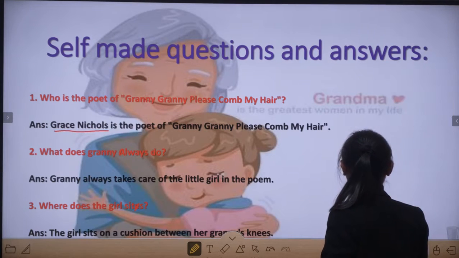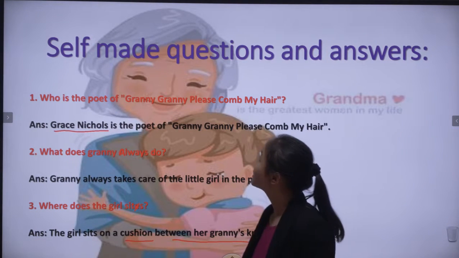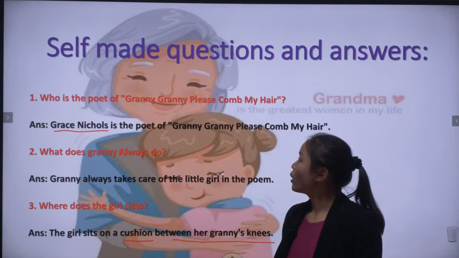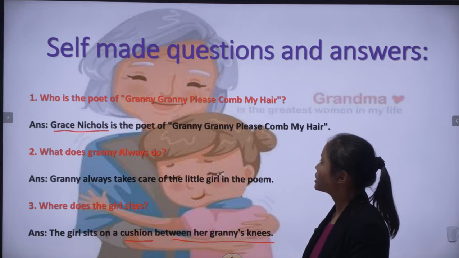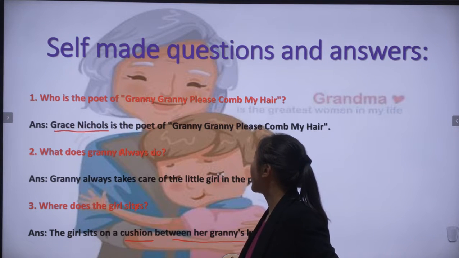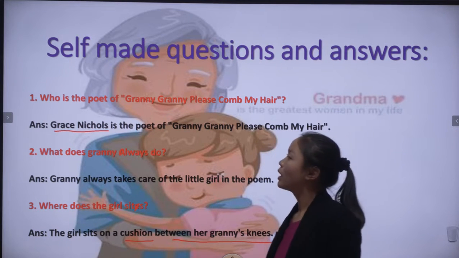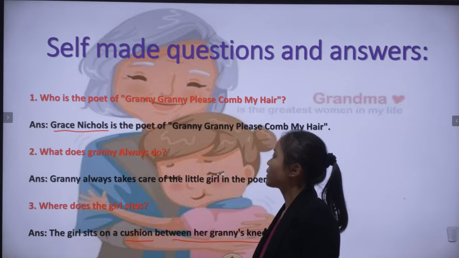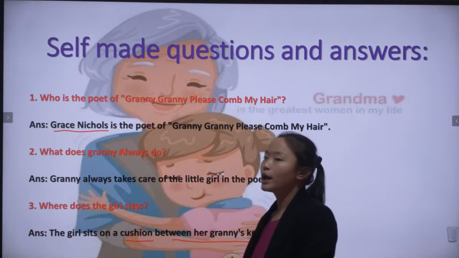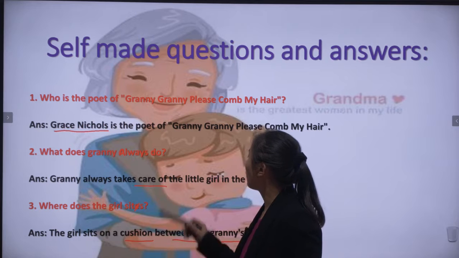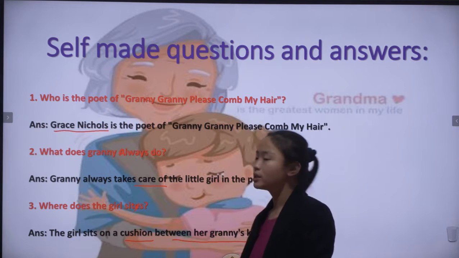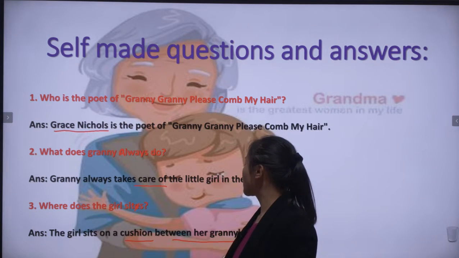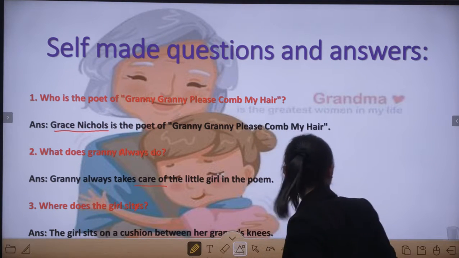Let's see once again. So, who is the poet of Granny, please comb my hair? Grace Nichols is the poet of Granny, please comb my hair. Number 2, what does Granny always do? Granny always takes care of the little girl in the poem. Where does the girl sit? The girl sits on a cushion between her Granny's knees.